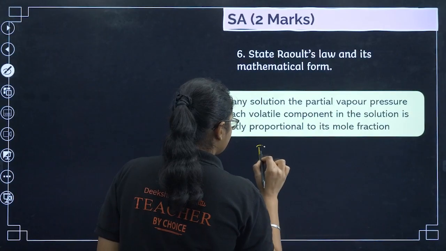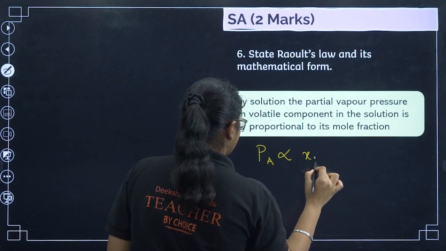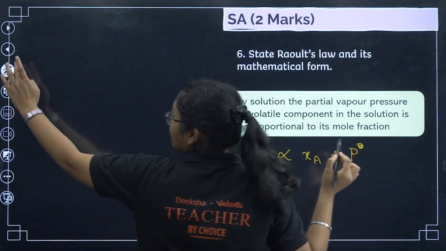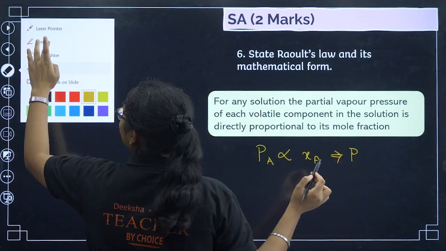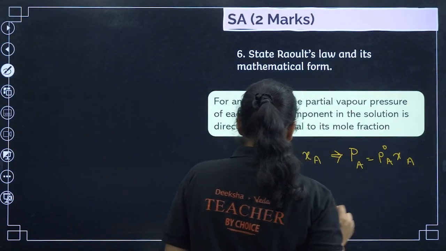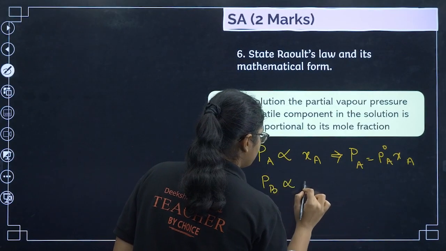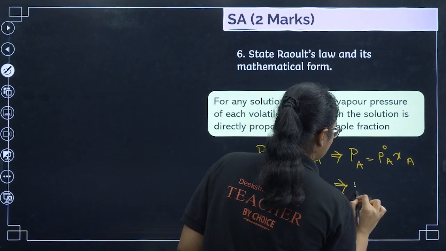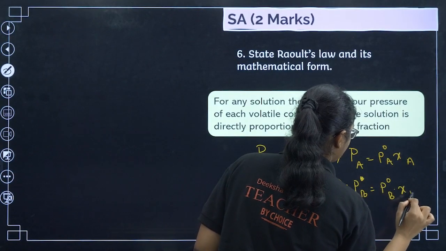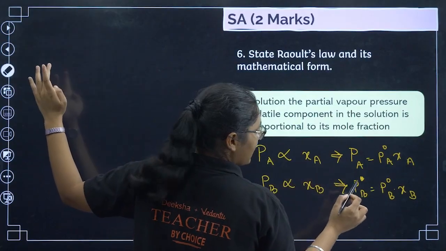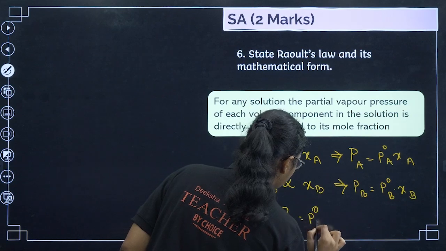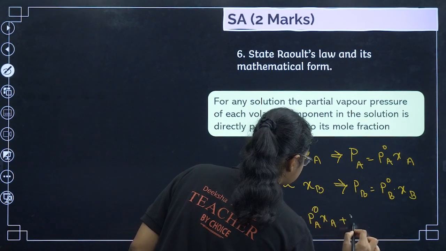So PA is proportional to XA, which can be written as PA is equal to P naught A XA, and then PB is proportional to XB, so PB is equal to P naught B into XB. And then we have the total pressure, that is P total is equal to P naught A XA plus P naught B XB.